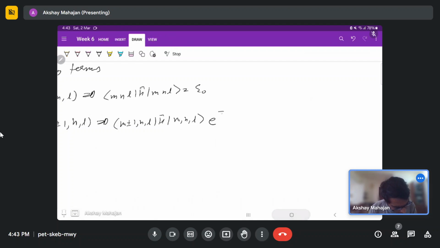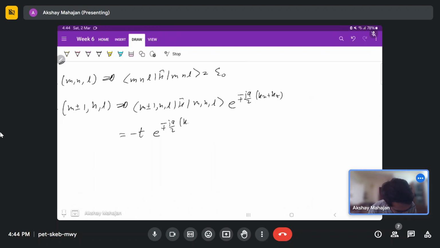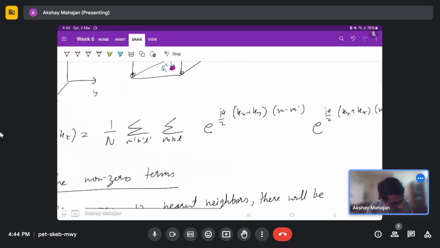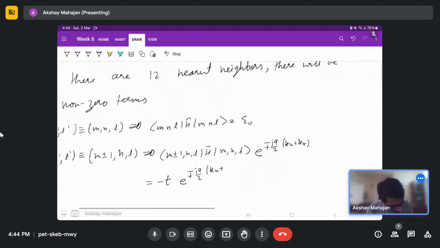For plus m plus 1, because it is m minus m prime, it will be e to the power minus plus iota a by 2 (kx plus kz). So that will be just minus t times e to the power minus plus iota a by 2 (kx plus ky). Sorry, it is kx plus ky.